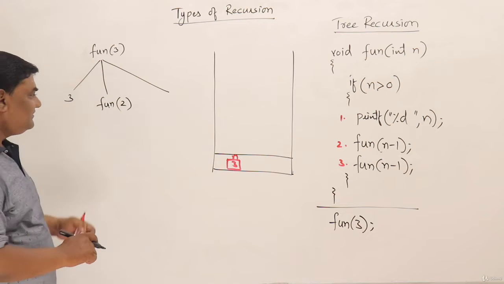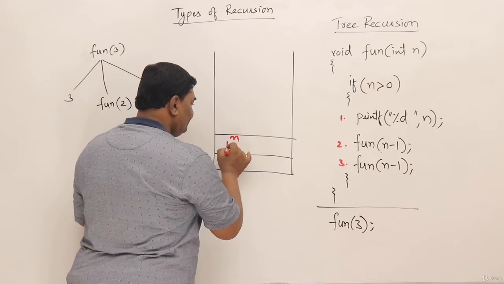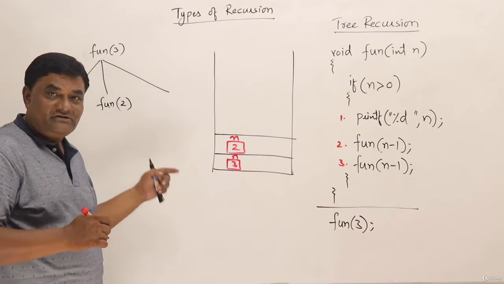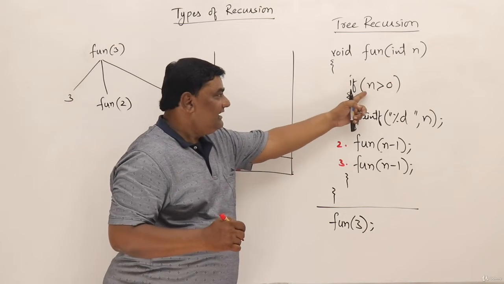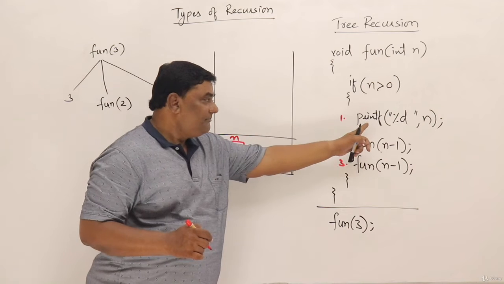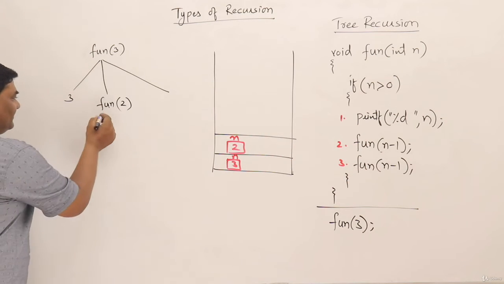For this call, again an activation record is created where the value of n will be 2. Now for this call, let us see what happens. N, that is 2, is greater than 0. Yes. Print, and then make 2 calls. So let us do it.